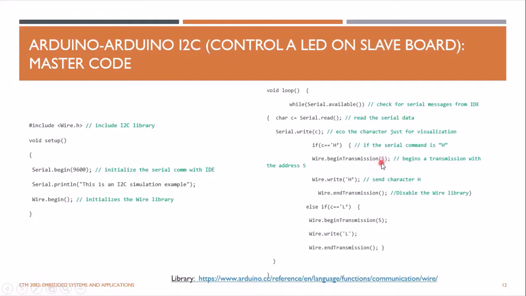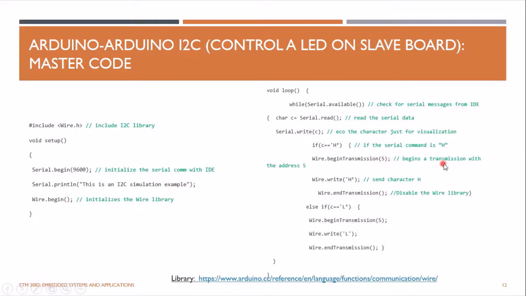This should be the slave address. So I am calling slave number 5, which has the address of 5. Since I have received capital H, I am writing capital H using Wire.write, and then I end the transmission, which means I have successfully sent capital H to the address of 5.